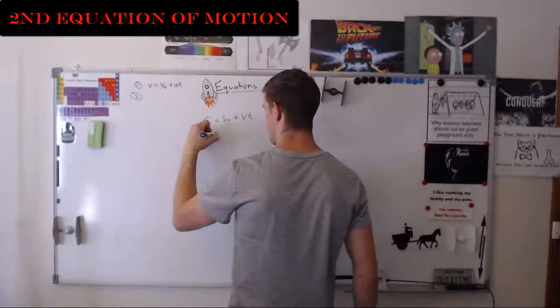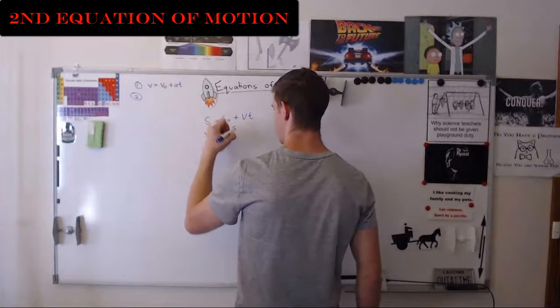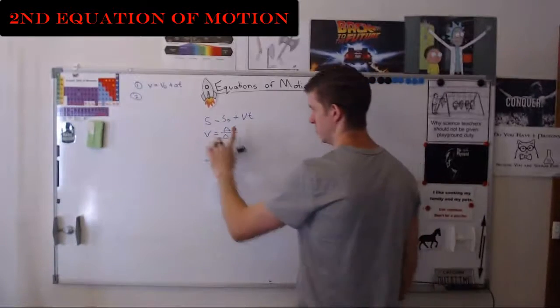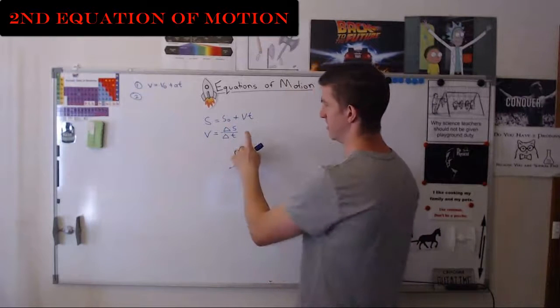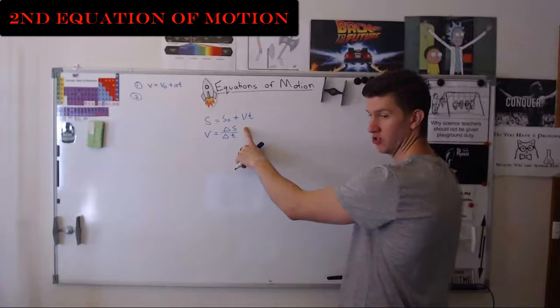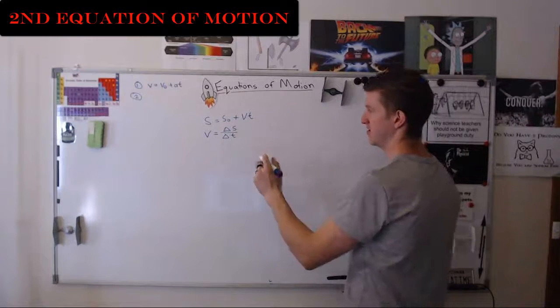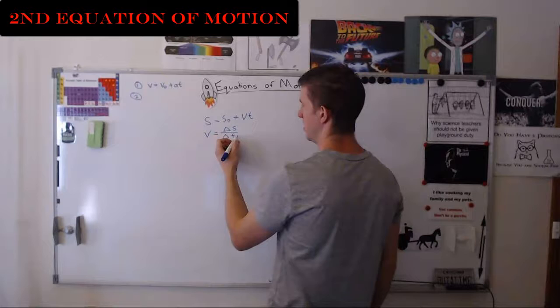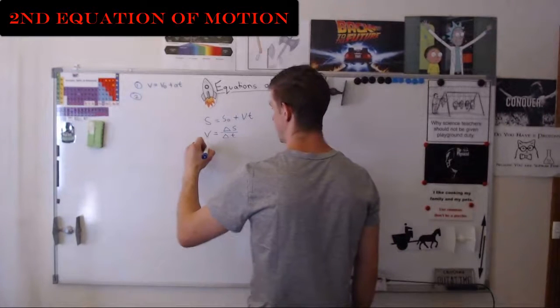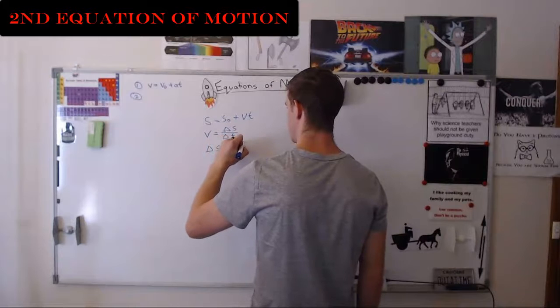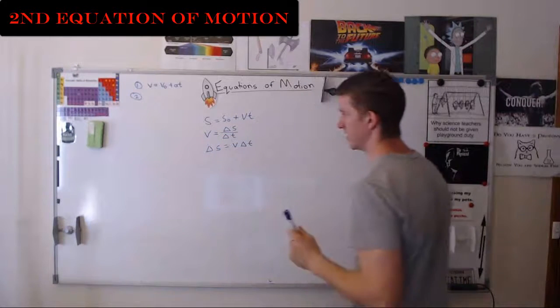So if velocity is equal to the distance over the time, for example, now I've put the delta to show it's a change rather than just representing from a zero to a motion and from zero time to some time. But we can write it the same. So if velocity is distance over time, I can rearrange this to say that delta S is velocity times time, which we already know.